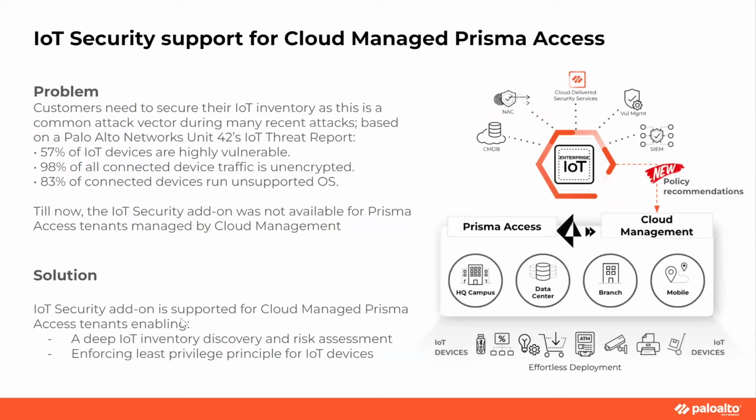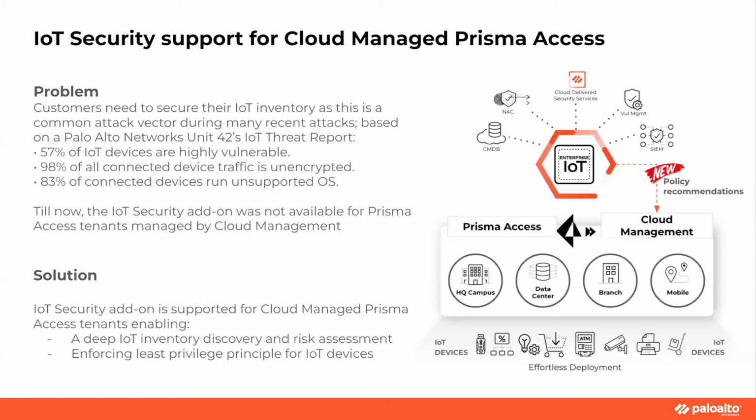This one is IoT security support for cloud-managed Prisma Access. As some of you probably already know, IoT security is not news for everyone. We all understand that there are lots of common attack vectors targeting IoT devices and all the connected devices. Prisma Access has had the IoT security add-on for Panorama managed for a very long time.